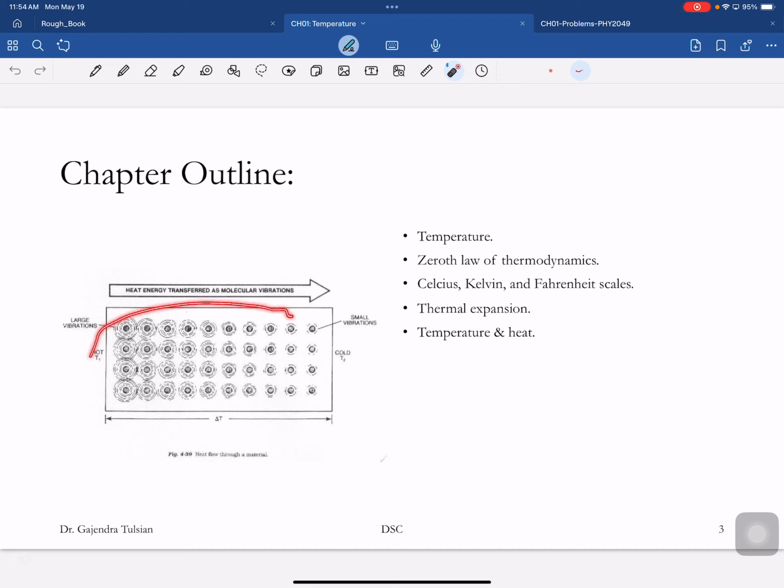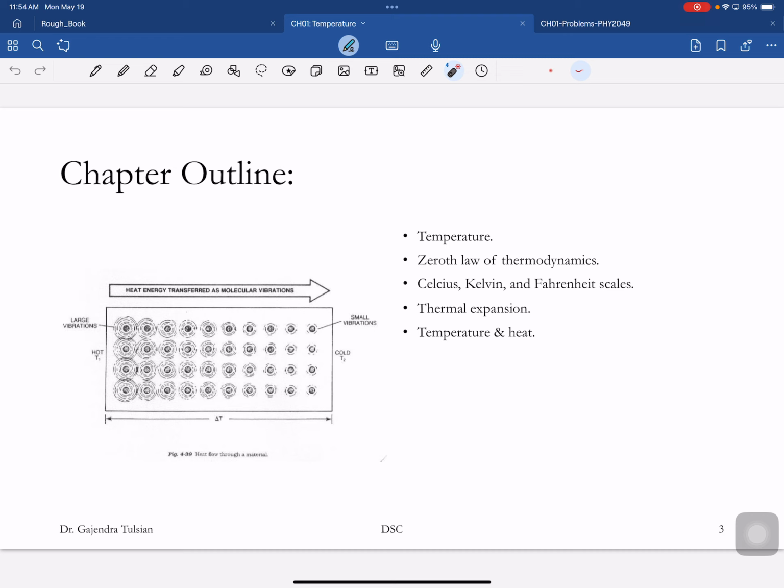This diagram shows you, let's say, a solid object. It could be this table. And this end of the table is hotter than this end of the table. This end of the table is cold. What this diagram is trying to show you is the following. This is a solid object, and in a solid object, the atoms are in fixed location.